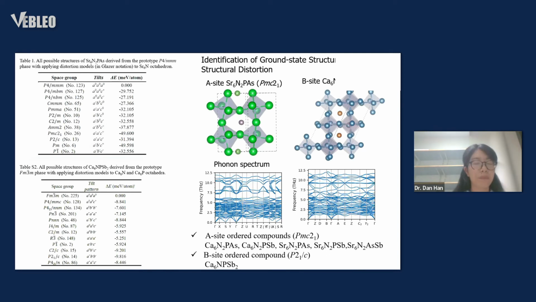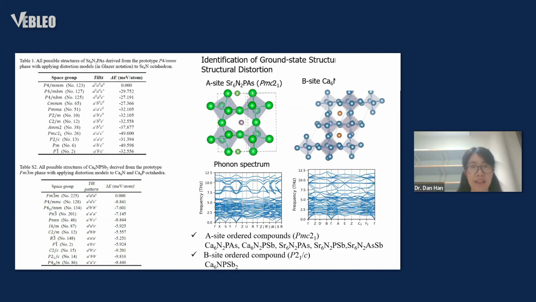Since group theory has been successfully employed in the study of oxide perovskites and perovskite halides, here we also use the same method to study the relationship between the parent cubic phases and the distorted ones.